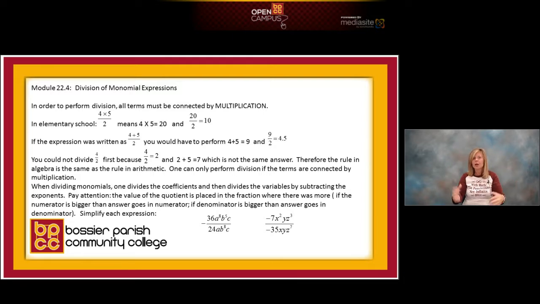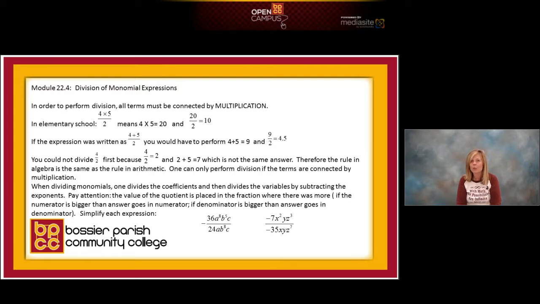That's a given because we learned already from way back when, mono means one term connected by multiplication. So that's why in algebra you could take a monomial, divide it by a monomial, and get your answer, which is a monomial. And then you don't have to think about doing the division because you know by the word monomial, it's already connected by multiplication.